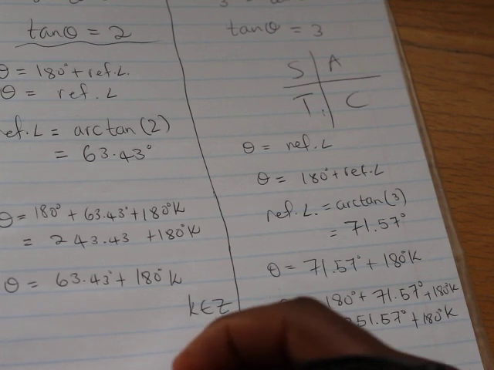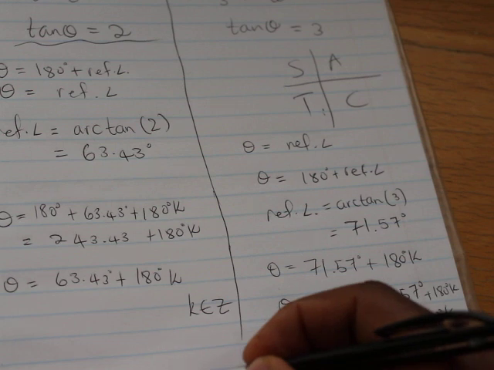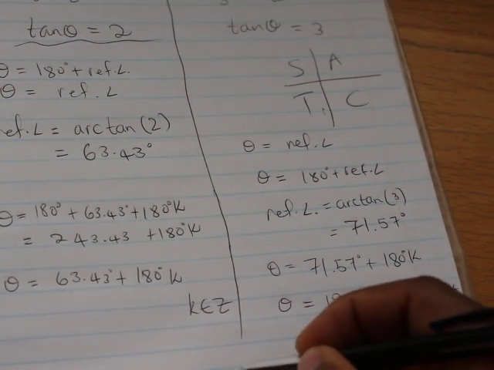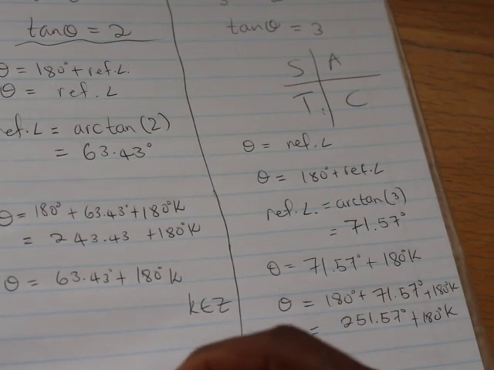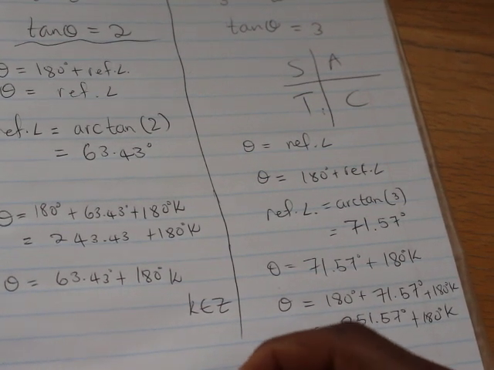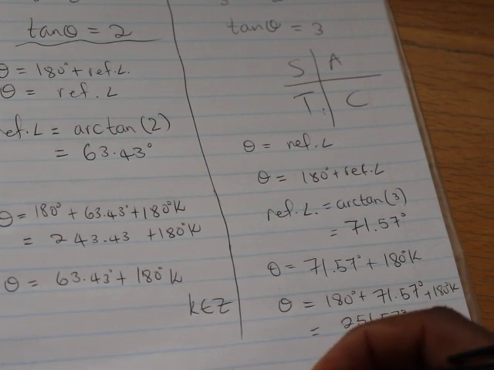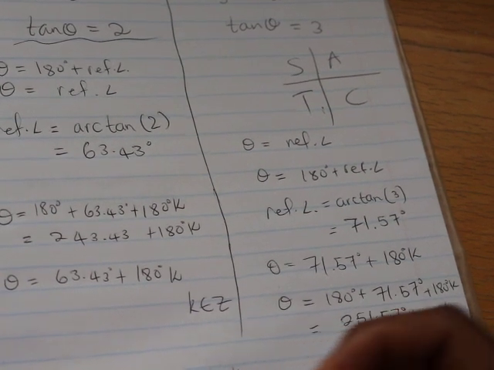We've got theta is equal to 63.43 plus 180 degrees k. Theta is equal to 71.57 plus 180 degrees k.